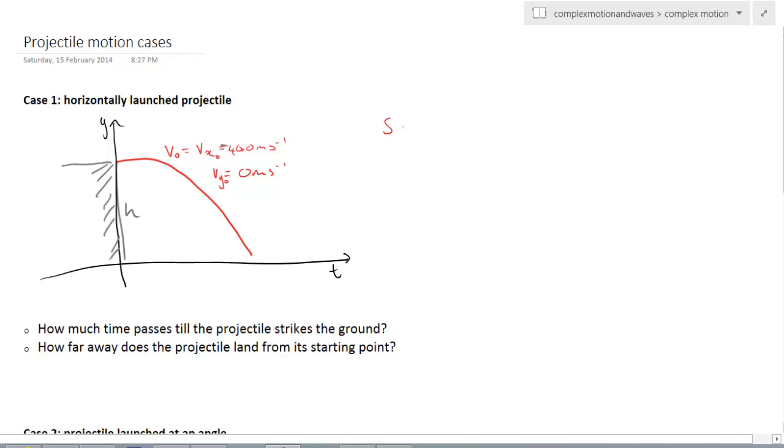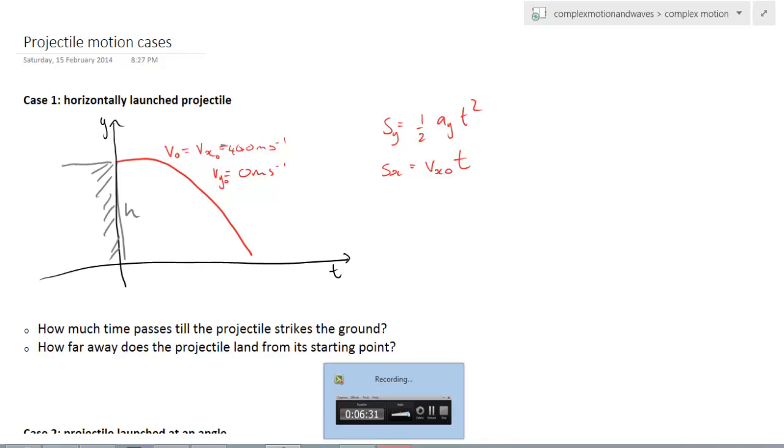Basically, your distance equation, which is going to be half a_y t squared, and your horizontal component, Sx, where Sy is the vertical one, is going to be Vx0 t. That you can have very simple cases where you can just find out how much time till the projectile strikes the ground and how far away it lands, talking about the range and how long it takes to get there.